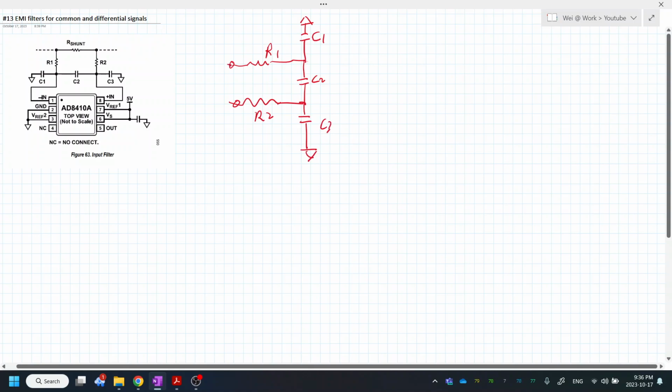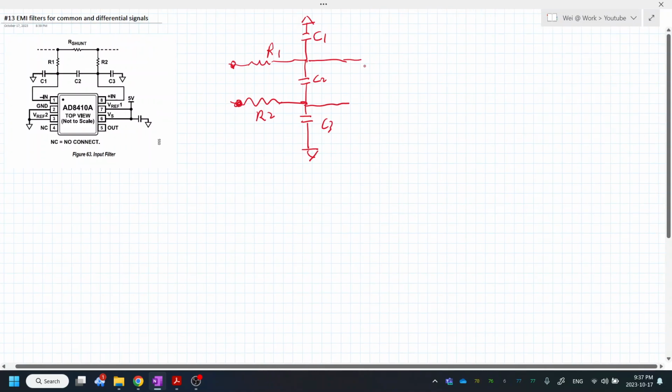And the input signal comes from these two nodes here. And the output after the filter, the signal will go into this difference amplifier, basically something like this.